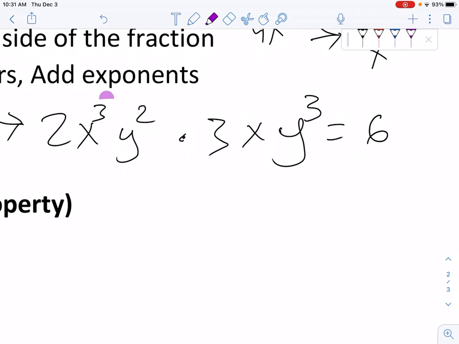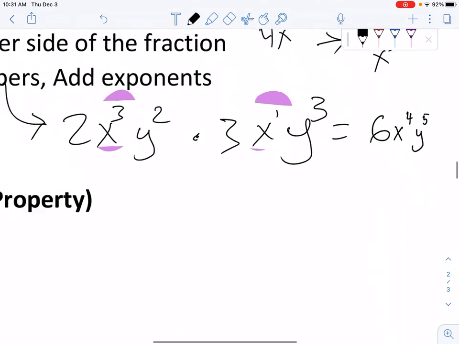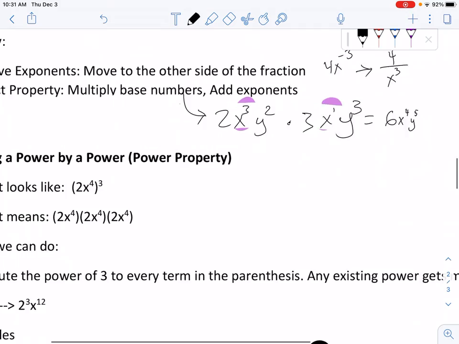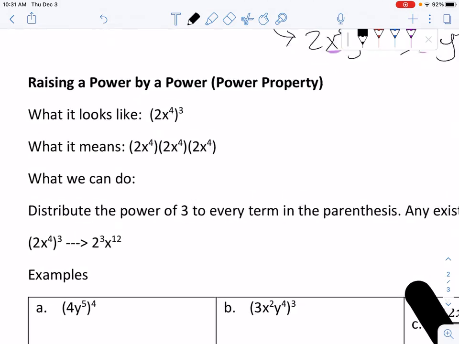And then we add our exponents. So x to the third and x to the first make x to the fourth, 3 plus 1. And then y to the second and y to the third make y to the fifth. We add our little numbers. So we multiply our base numbers, we add our exponents of like terms.